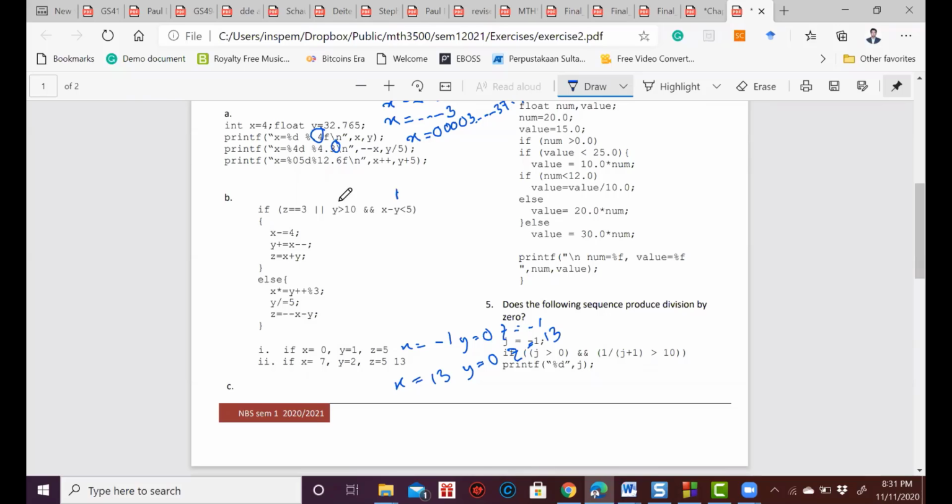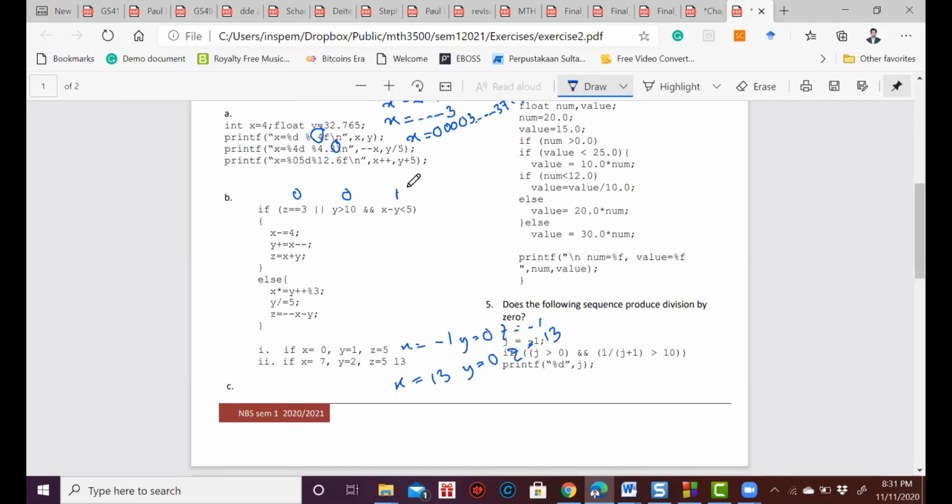And then this one, y less than 10, 1. 1 greater than 10, no. No is 0. And then z is 5. 5 equal to 3? No. So no in C is 0.